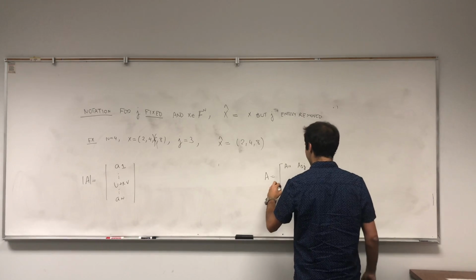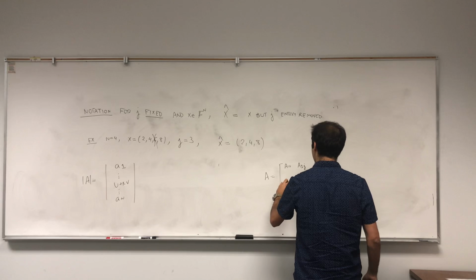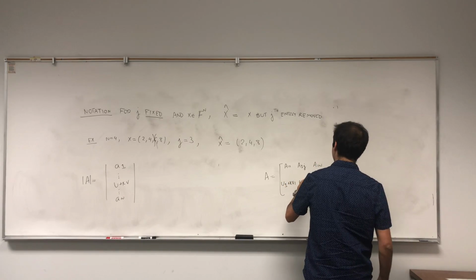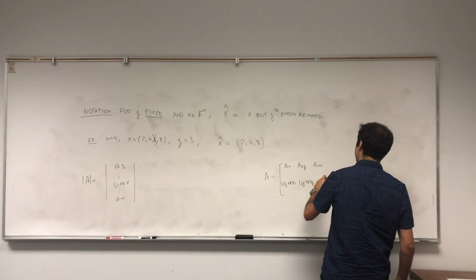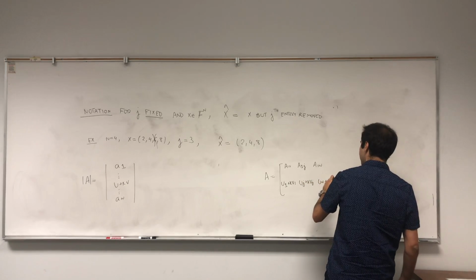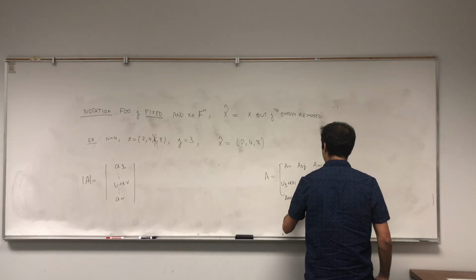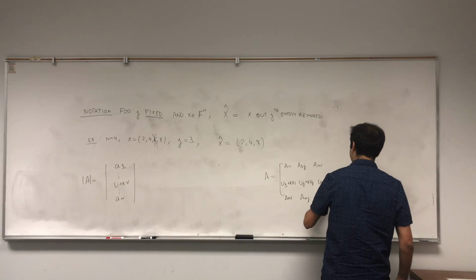And then we have stuff like U1 plus KV1, UJ plus KVJ, UN plus KVN, and then AN1 up to ANJ and ANN.